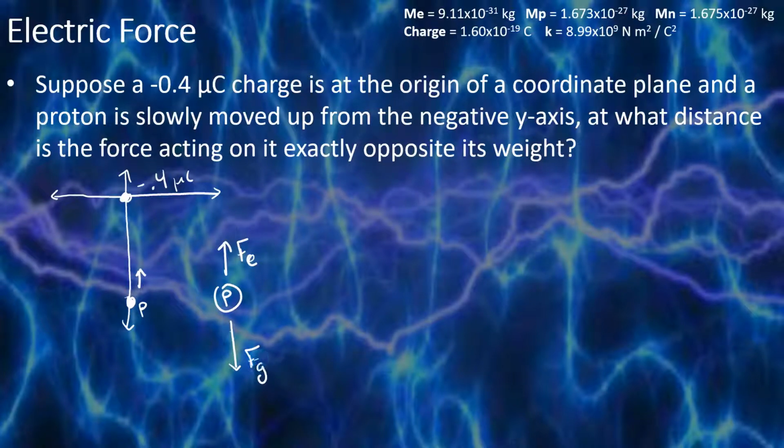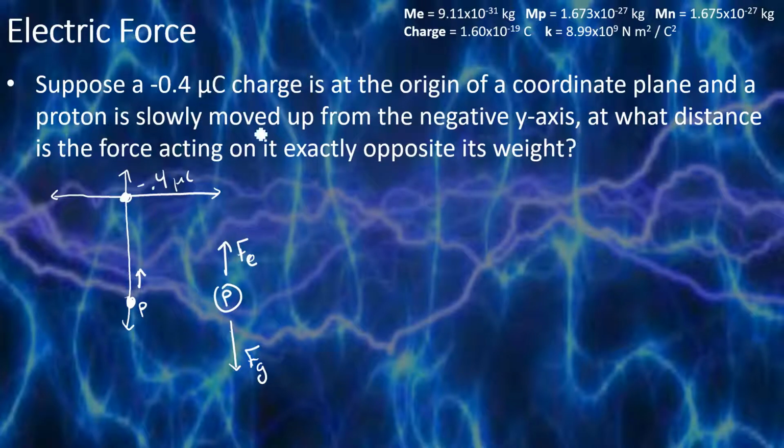But here's the disclaimer with this problem and the reality of this problem. Gravity is by far a weaker force than electrostatic force. So when we're talking about gravity acting on these particles, it's kind of dodgy. But let's just go with it anyway.